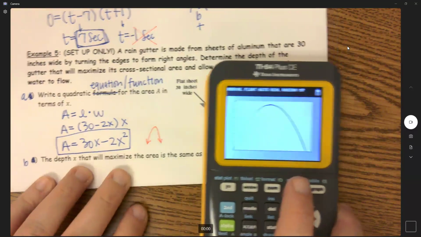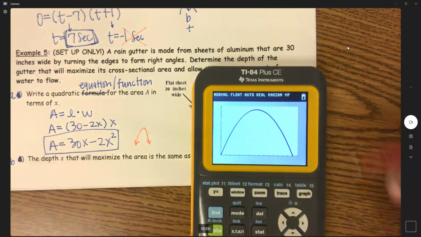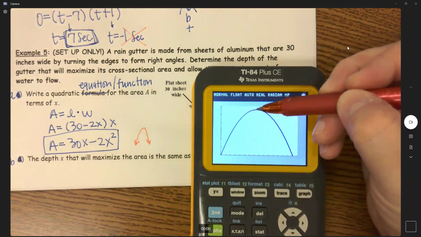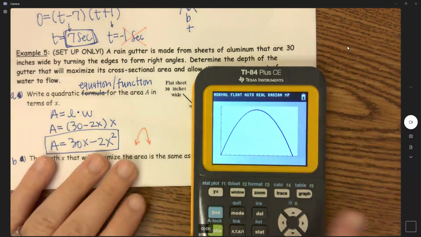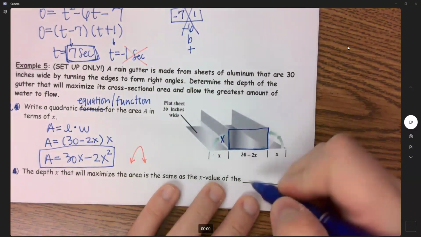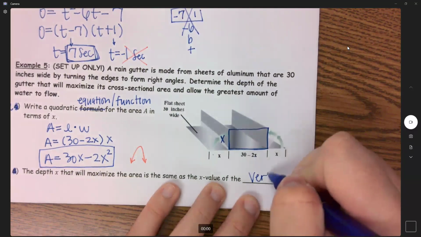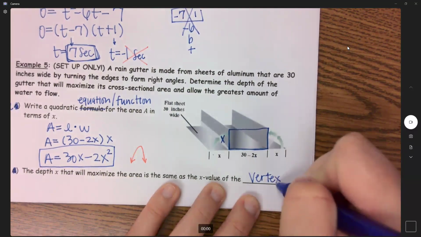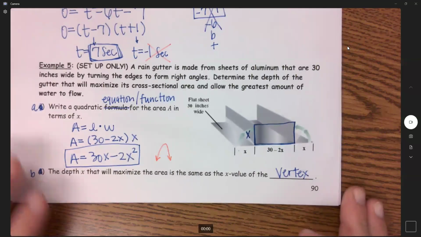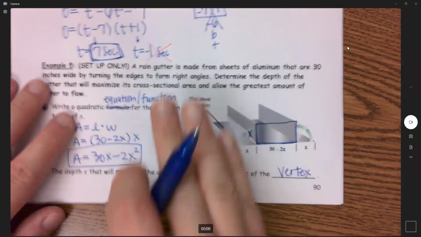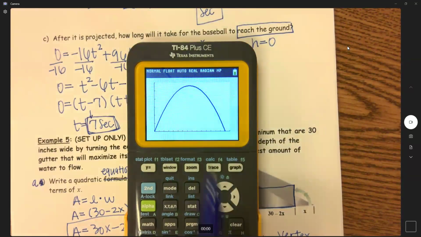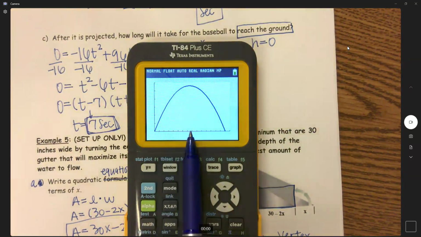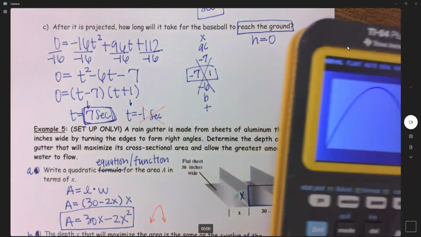And if I'm wanting to know the maximum area, again, what are we talking about in terms of this graph, of this shape? We're talking about the vertex. So you can use your formula of negative b over 2a to figure out how much you need to bend that in.